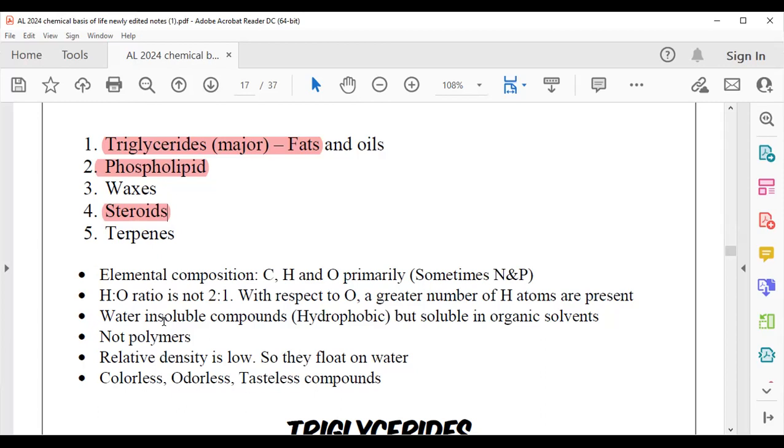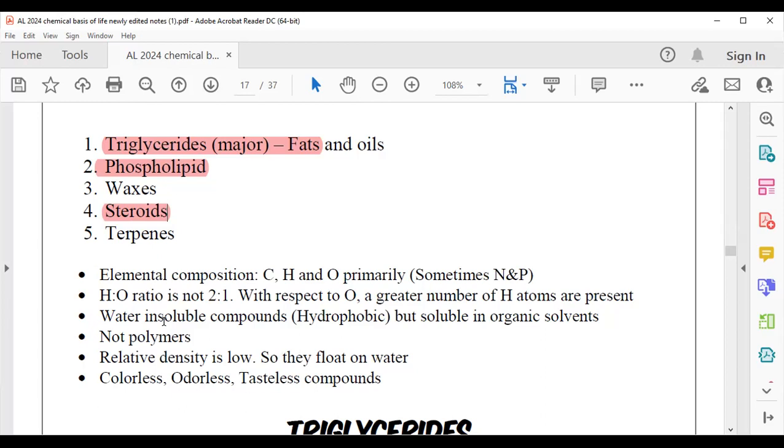If you take the hydrogen to oxygen ratio in the lipids, it is very high. That means oxygen's number will be very low. Hydrogen's number will be very high.